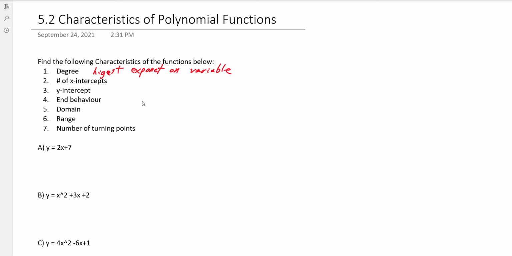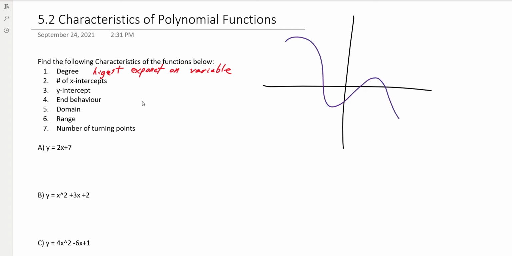The number of x-intercepts can be shown like this. If we have a graph that looks like this, then there are 1, 2, 3 x-intercepts. However many times it hits the x-axis.